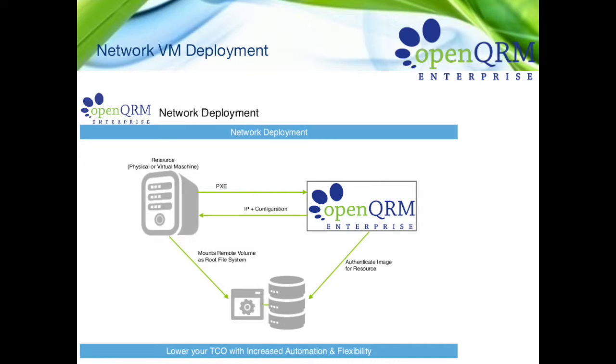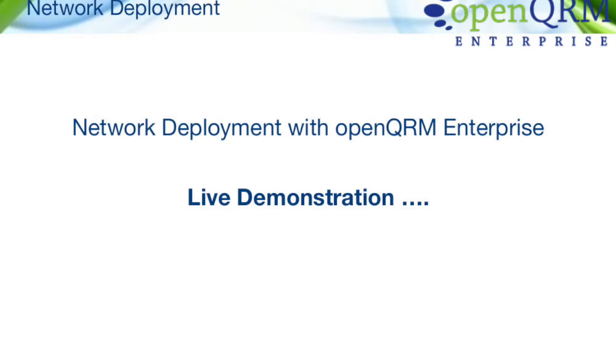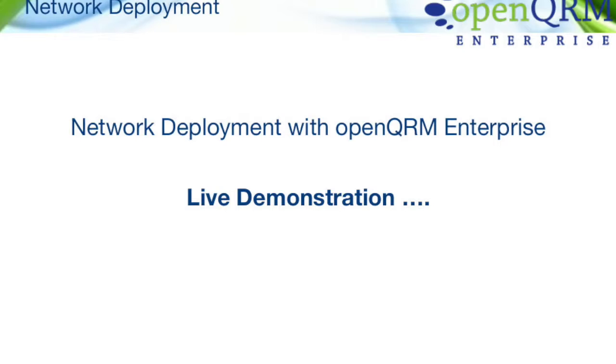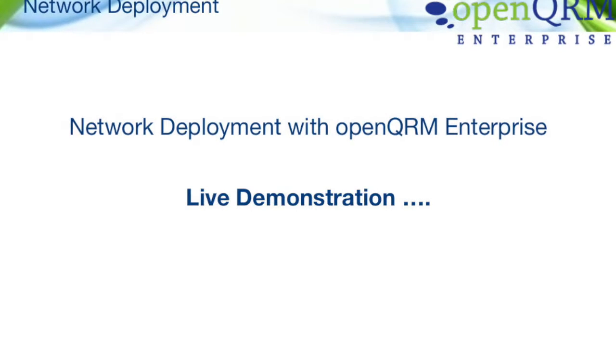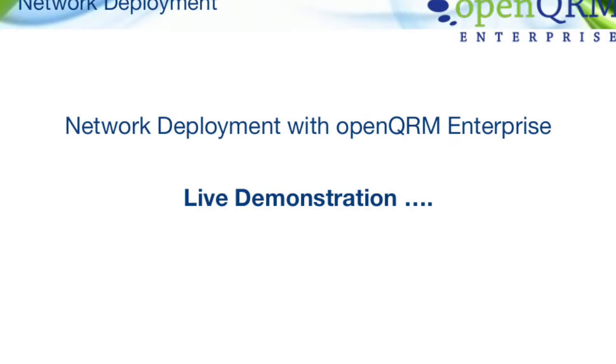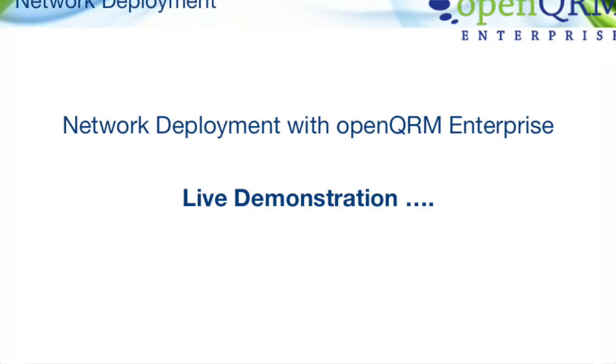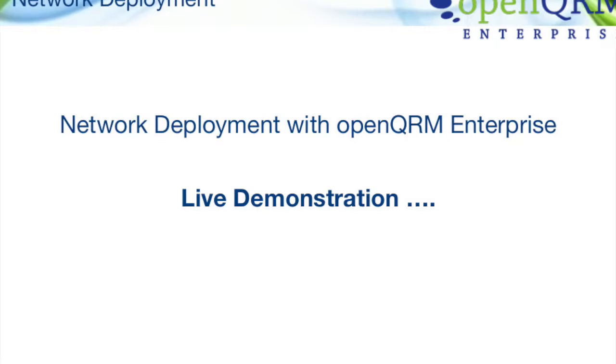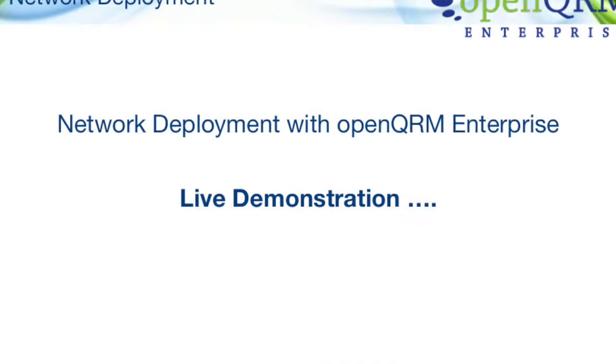Okay, next thing in our webinar is the live demonstration. I will now go over the workflow of how to create and configure a virtual machine which will boot directly from an iSCSI target, and we will also use an empty volume.